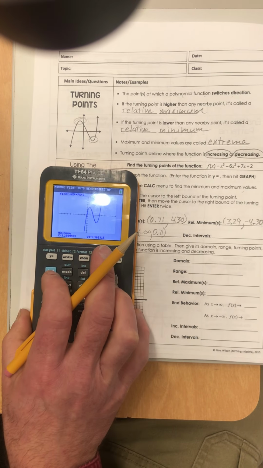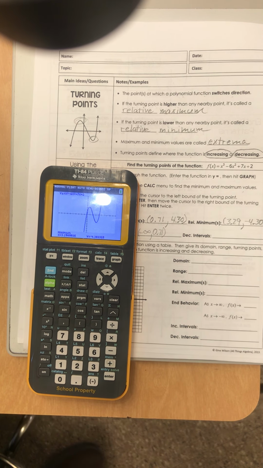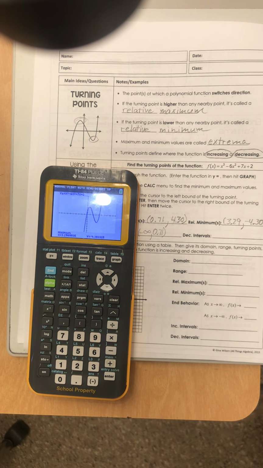So we actually get something kind of interesting. As this is going up, it's increasing, but the amount it increases slows down, and then right here, it flattens out. That's at 0.71, right?